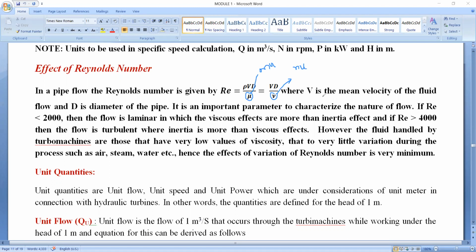Here V is the mean velocity of the fluid flow and D is the diameter of the pipe, and it is the important parameter to characterize the nature of flow.